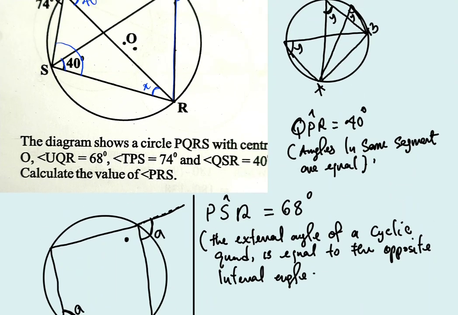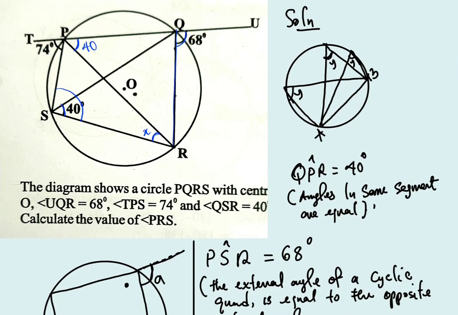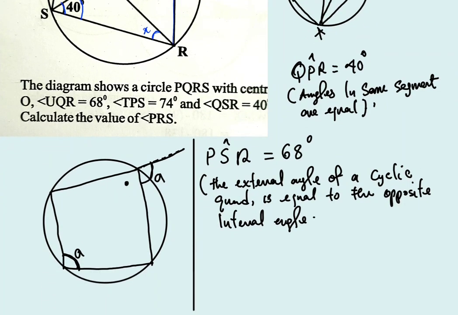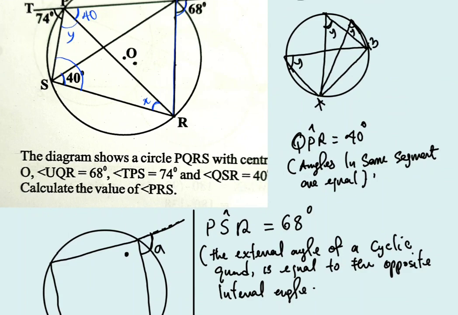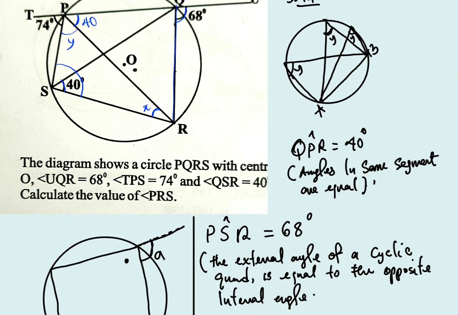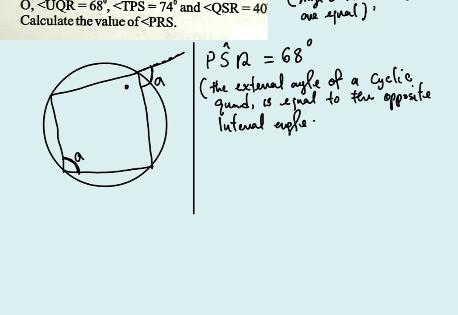Now, since I've gotten this well spelled out, look at this. If this is 74, this is 40, let me say this place is Y, for example. At some point, I'm going to have 74 plus y plus 40 is equal to 180.